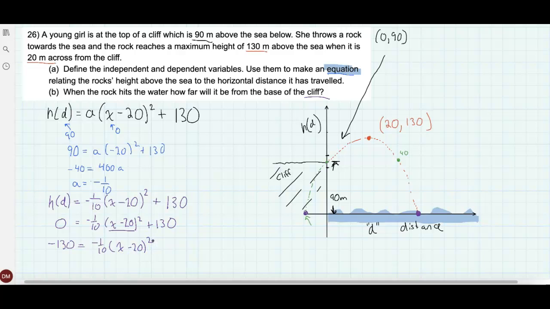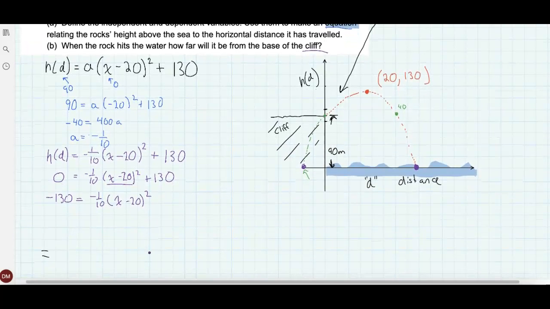And then I'm going to multiply both sides by negative 10. So I'm going to get 1,300 is equal to (x minus 20) squared. And then I'm going to apply the square root principle.